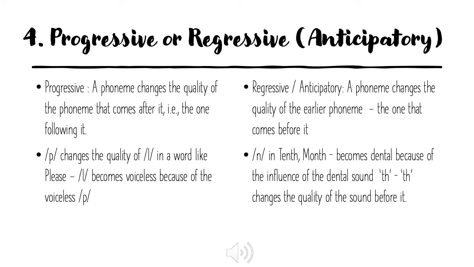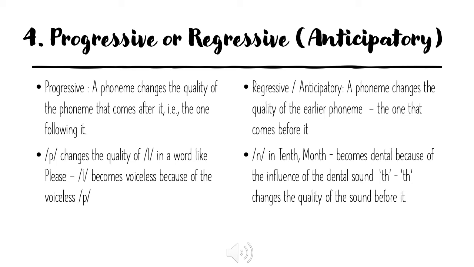As we said earlier, we looked at a word like meat, for example. We said that the production of the m sound changes because of the e sound that comes after it. So here you have a going back. The later sound influences the earlier sound. So that is why it is called a regressive or anticipatory change. The one sound anticipates the sound that comes after it and it changes in accordance with that.